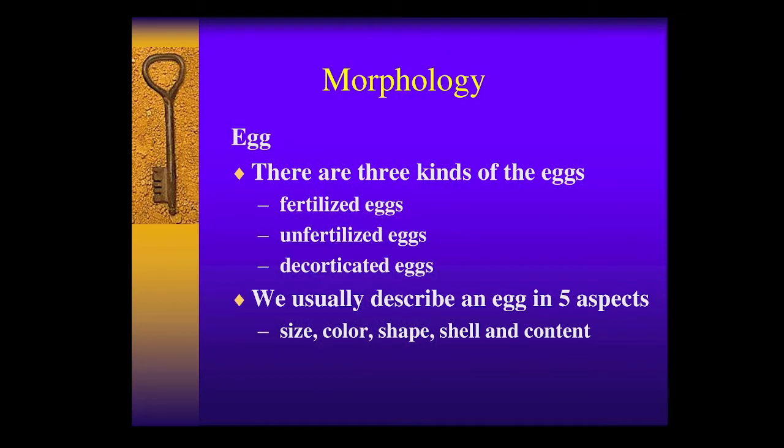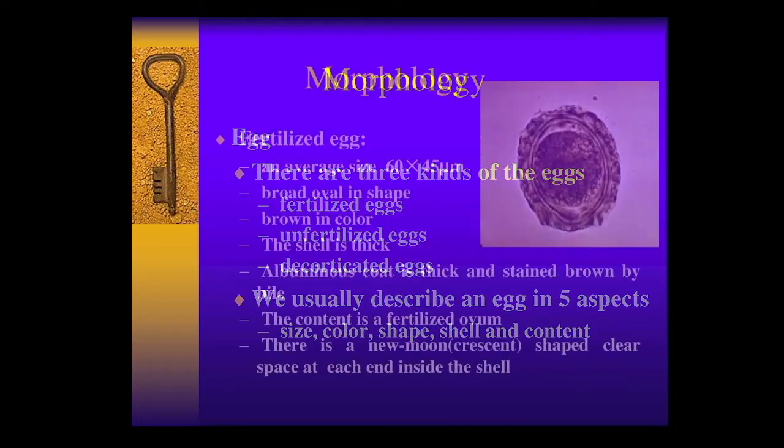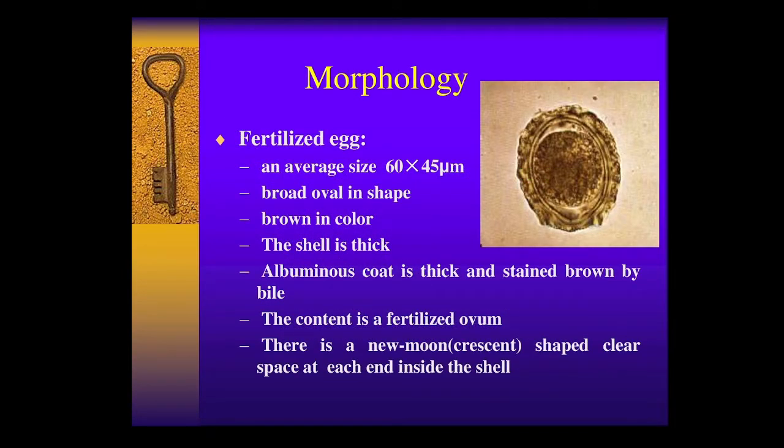Coming to the morphology of the egg, there are three kinds of egg: fertilized egg, unfertilized egg, and decorticated egg. We usually describe the egg in five aspects: its color, size, shape, shell, and content. The fertilized egg's average size is about 60 by 45 micrometers. It is round or oval in shape, bile stained and golden brown in color.